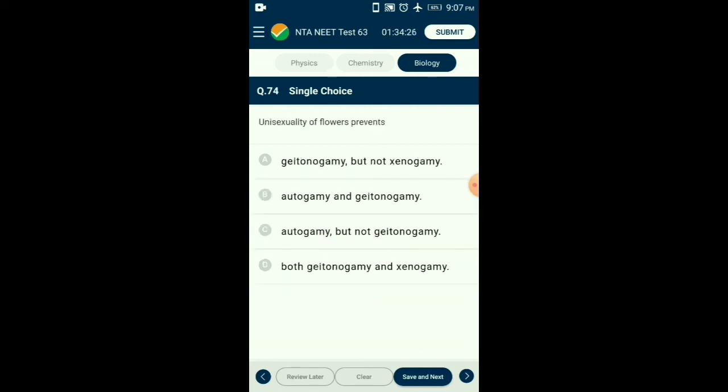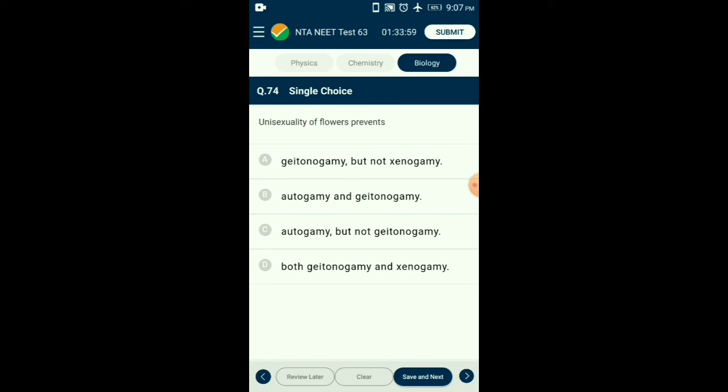Question number 74. Unisexuality of flowers prevents: Unisexuality or diclinism is a condition in which 2 types of unisexual flowers are present, staminate, that means male flower, and pistillate, female flower. The plant may be monoecious or dioecious. This is a device for cross pollination or xenogamy.